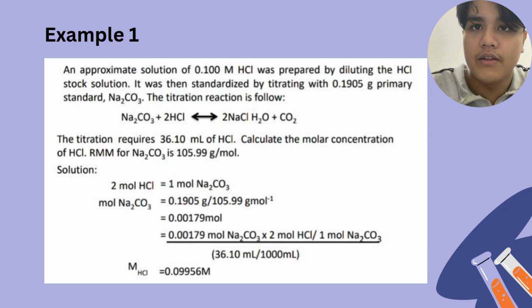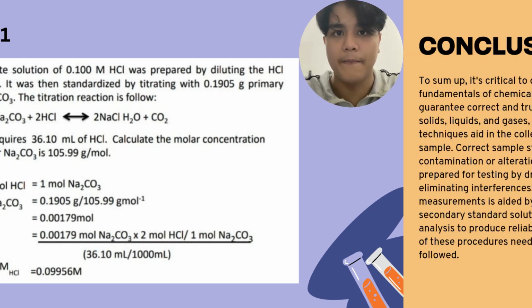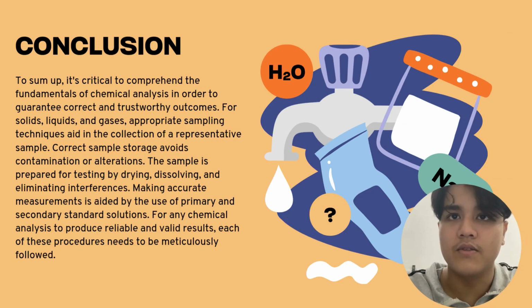So the mole for Na2CO3 is 0.00179 mole Na2CO3 times 2 mole of HCl divided by 1 mole Na2CO3, and all of that is divided by 36.10 milliliter over 1000 milliliter. So M for HCl is 0.09956 M.